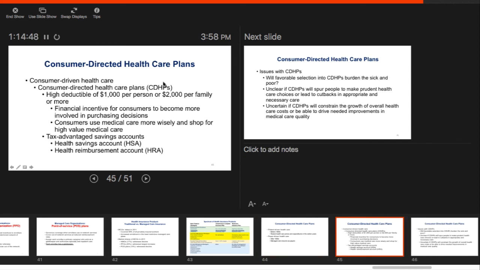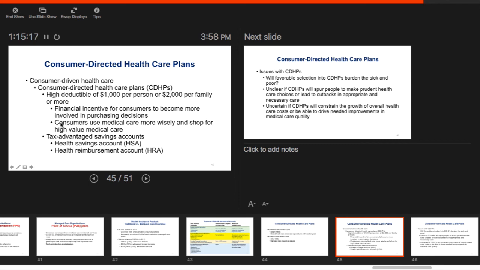So after the 1980s, again, there were a lot of plans to make both patients and providers more responsible. For example, the consumer-directed healthcare plan, or consumer-driven healthcare, came up with high deductibles, for example $1,000 per person or $2,000 per family or more.